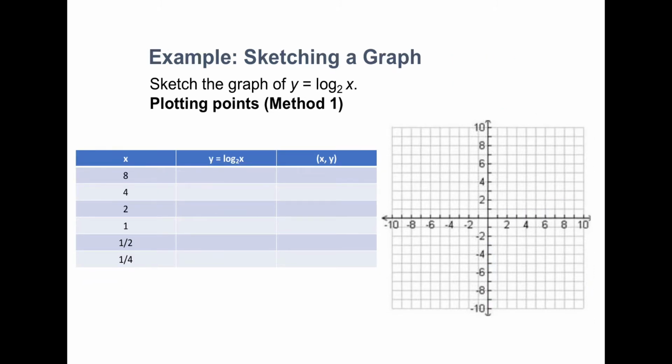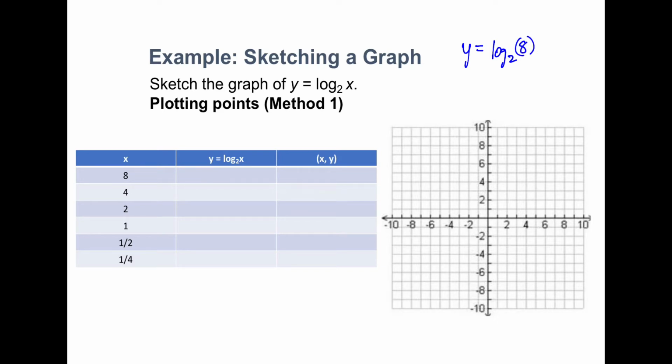Let's take a look at another one. Here I'm doing a log base 2 instead of a log base 3. Okay, so the first input of x for my log function is 8. And again, 8 I chose because it is a multiple of 2. So that would be the log base 2 of x, which is 8.